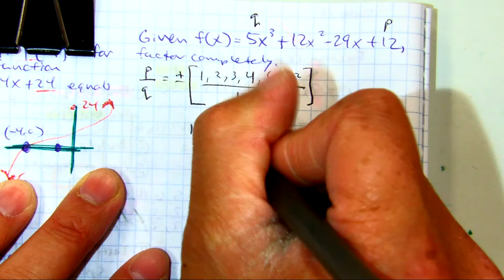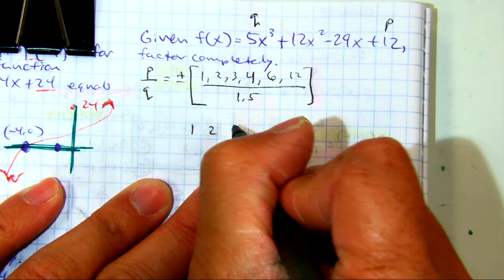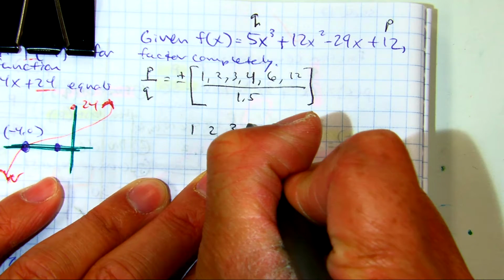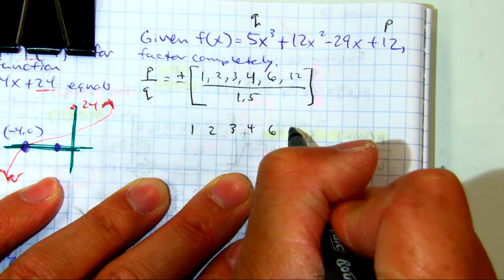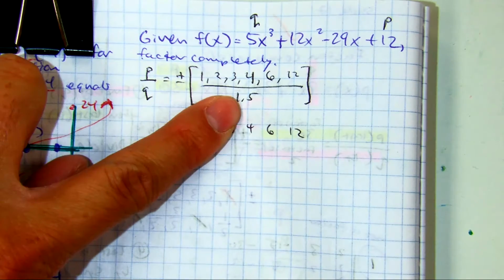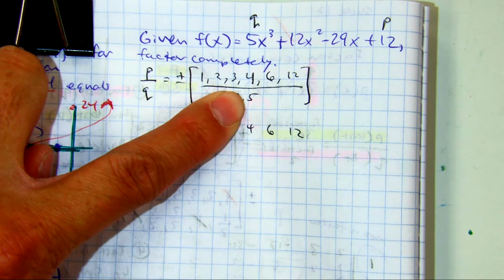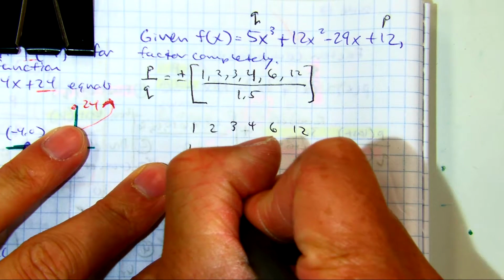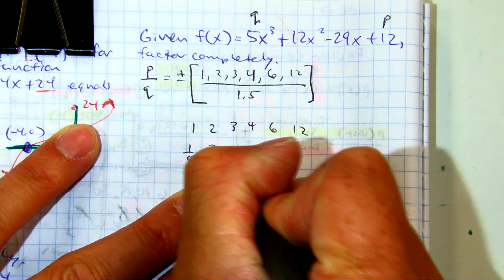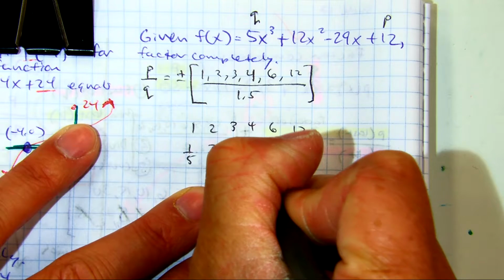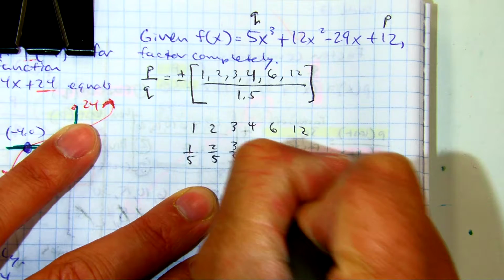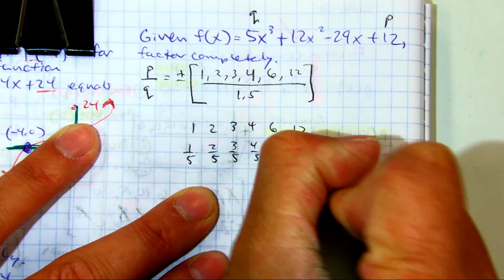Yes. Feel free to go faster. Now you have to do it by dividing by 5. Okay, those are all the positives.